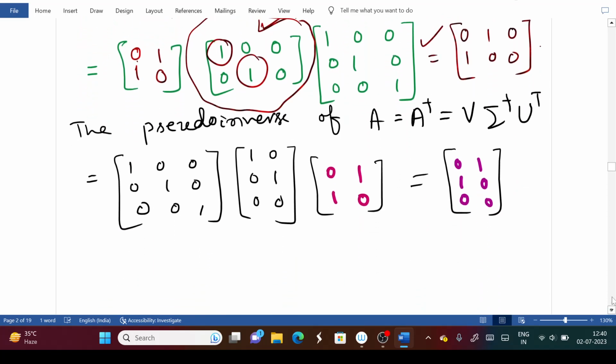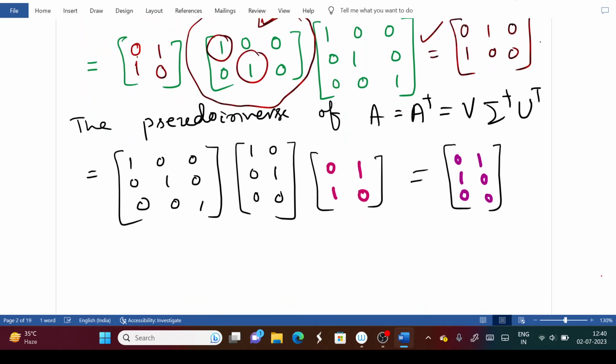Then what will be my pseudo inverse? My pseudo inverse is A plus equal to V sigma plus U transpose. V is written as it is. Sigma plus means the rows are converted to columns, columns are converted to rows, and the non-zero elements are replaced by the reciprocals, but since the reciprocal of 1 is 1, it remains the same.